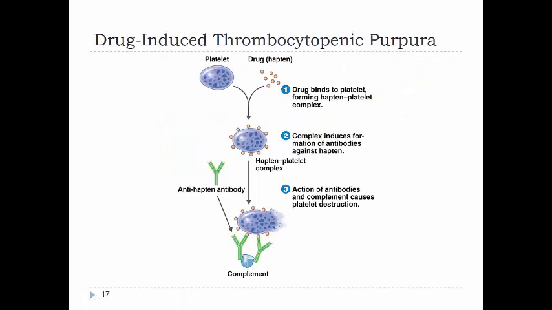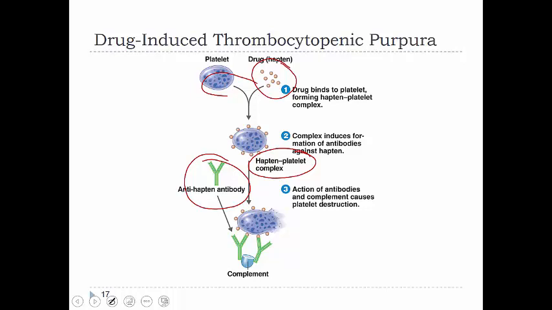Thrombocytopenic purpura is where we have a drug that interacts with a cell, in this case a platelet, and makes this hapten complex. And the hapten complex ends up being attacked by an antibody that recognizes that drug, that antigen.